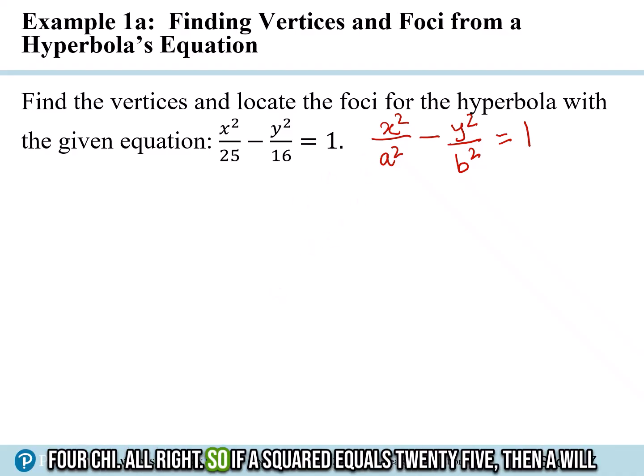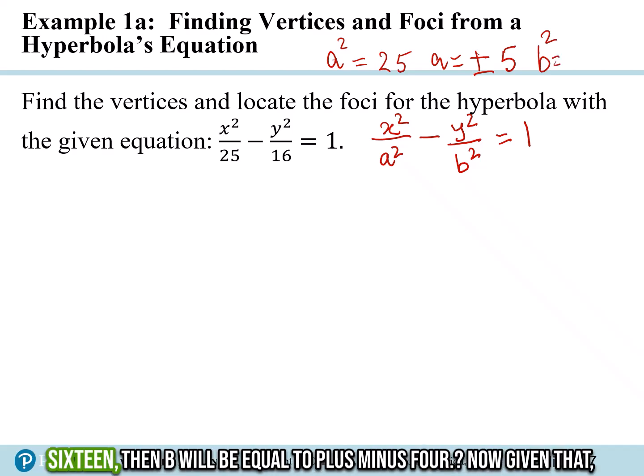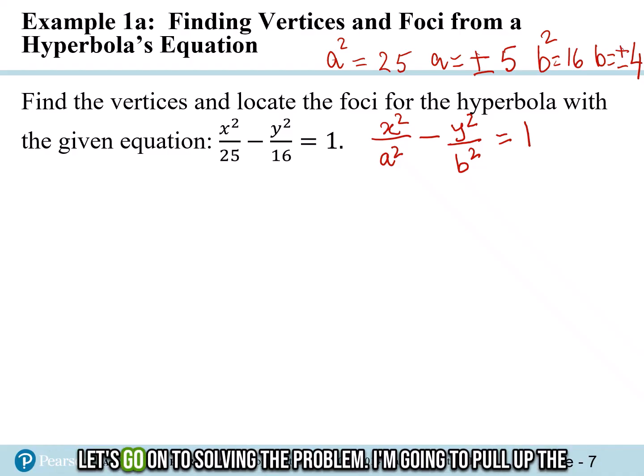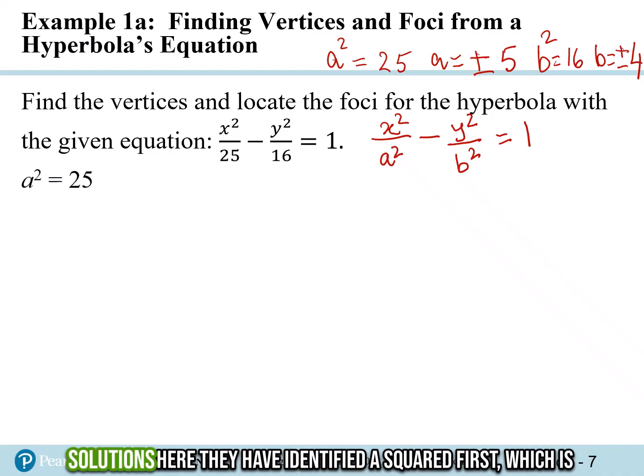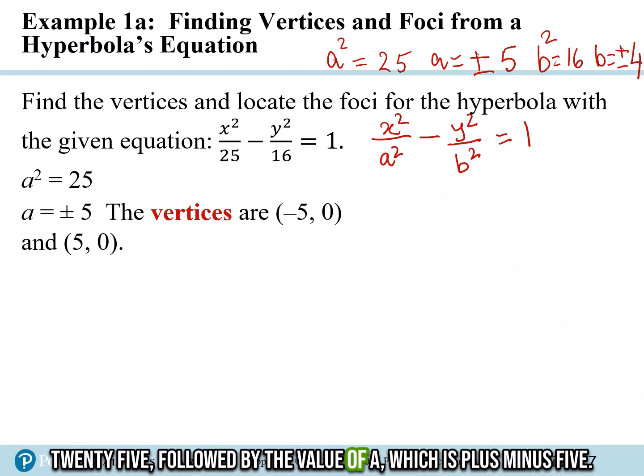All right. So if a squared equals 25, then a will be equal to plus minus 5, correct? And if b squared equals 16, then b will be equal to plus minus 4. Now, given that, let's go on to solving the problem. I'm going to pull up the solutions here. They have identified a squared first, which is 25, followed by the value of a, which is plus minus 5.